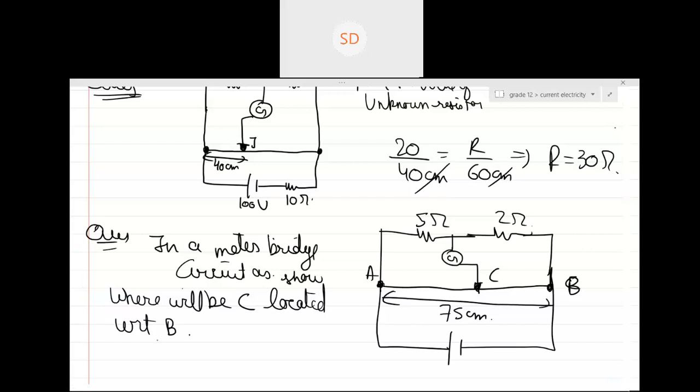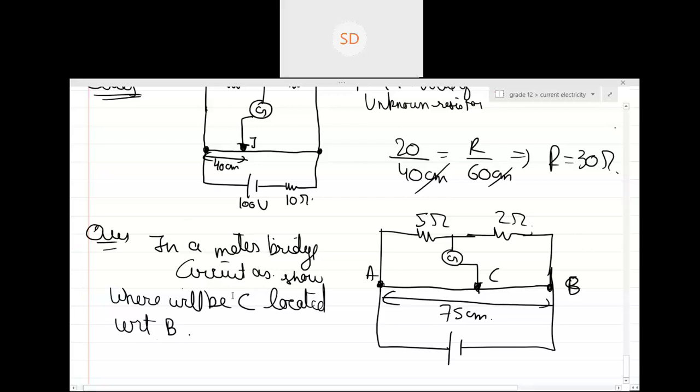Sir, can we not use the formula that S is equal to... No. Now I told you that it works on the principle of Wheatstone bridge. Yes or no? So how will you do this? Exactly the same way.